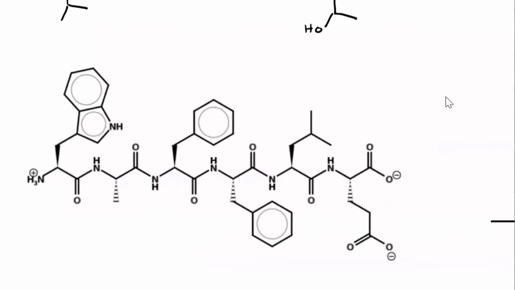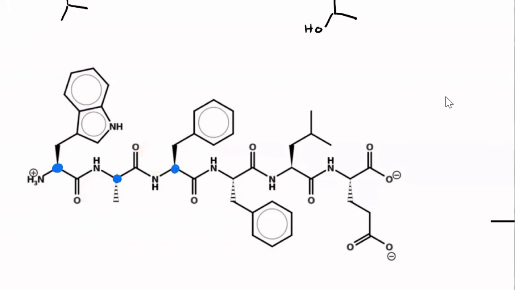So when it comes to this, you can highlight the amide bonds if that helps you. I am just going to put dots to separate where the alpha carbons are. So this is my first alpha carbon. Then I have an amide group. Then I have my next alpha carbon. Then I have an amide group.